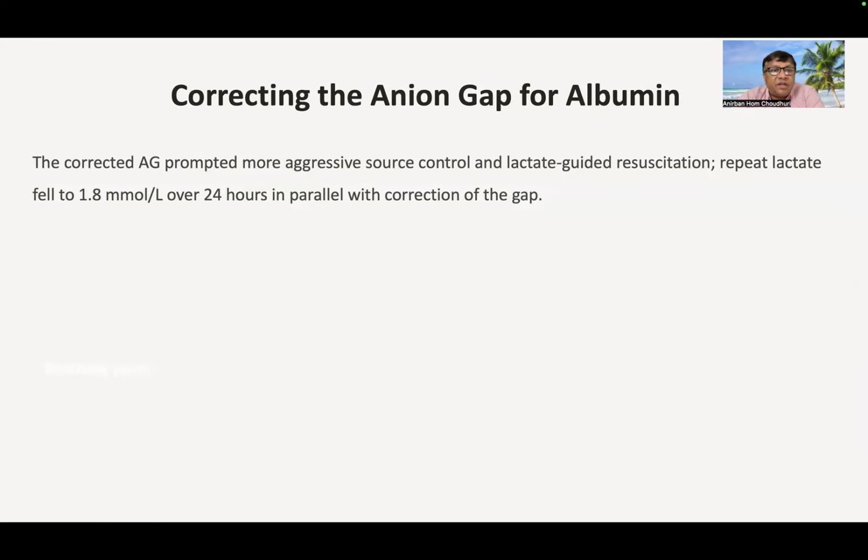So in this patient, the corrected anion gap prompted more aggressive source control and lactate-guided resuscitation, and the repeat lactate fell to 1.8 millimoles per liter over 24 hours in parallel with correction of the gap.